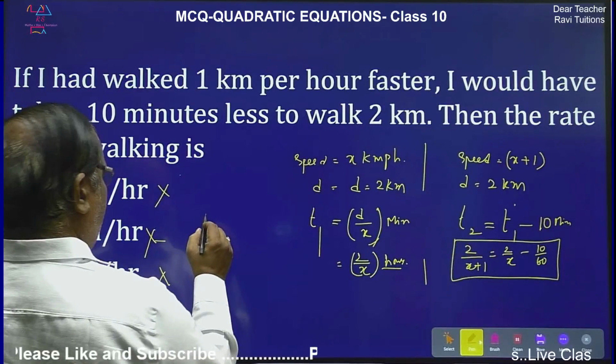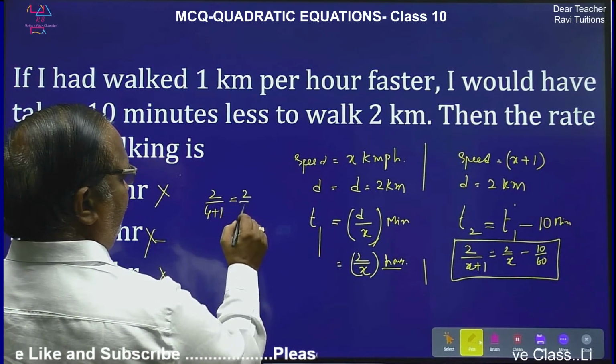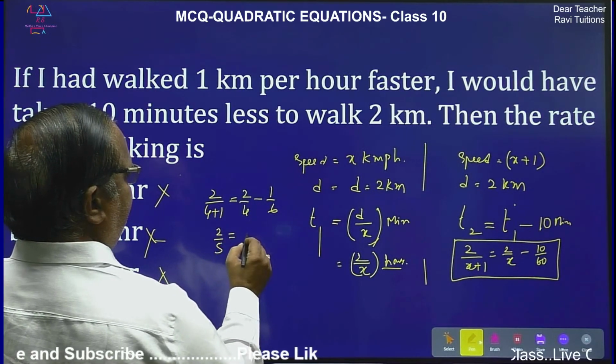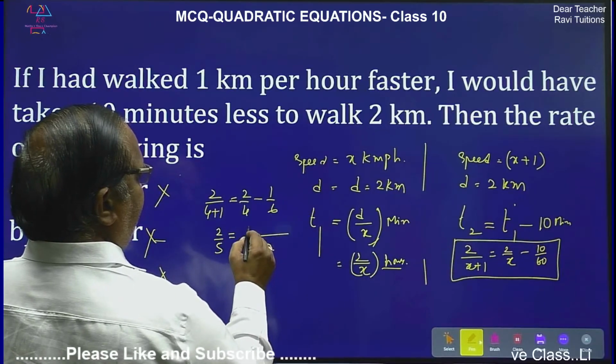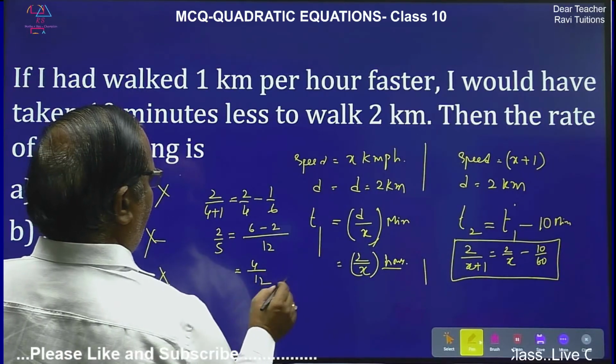Okay. Now let us take another question. So you can directly do that also. 4 plus 1 is equal to 2 by 4 minus 1 by 6. So 2 by 5 is equal to, 12 is the LCM, 6 minus 2. So 4 by 12.